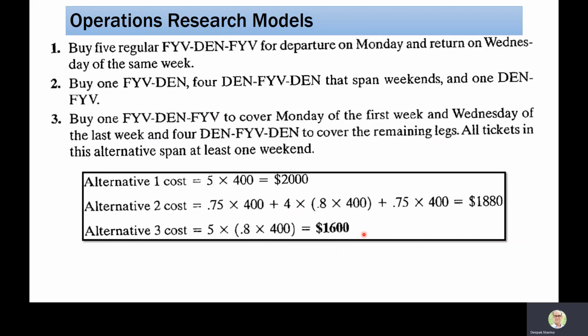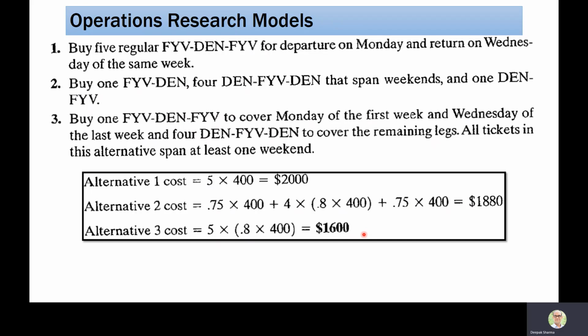Now what we can understand from this is that the different alternatives, like how we are going to buy the ticket, are giving us different costs. In order to analyze those alternatives, we should have an objective criterion based on the cost. Why?